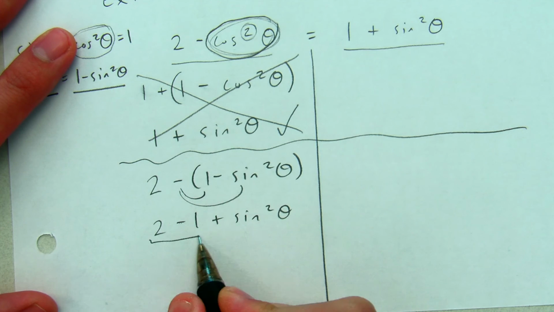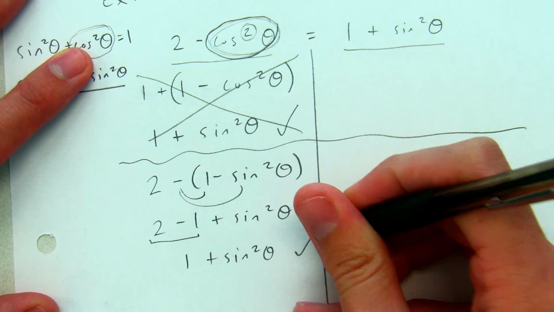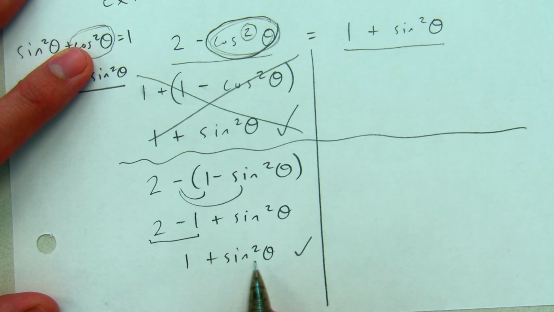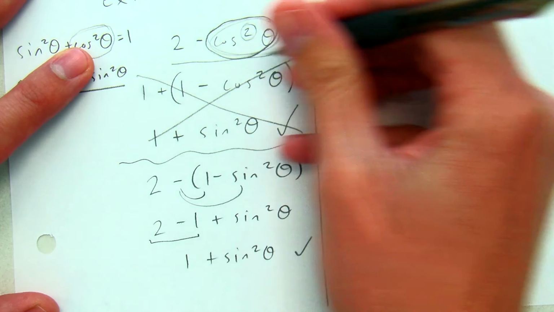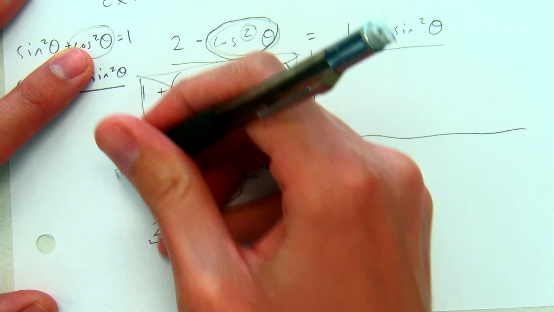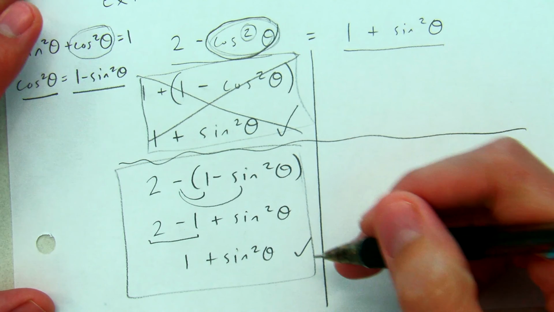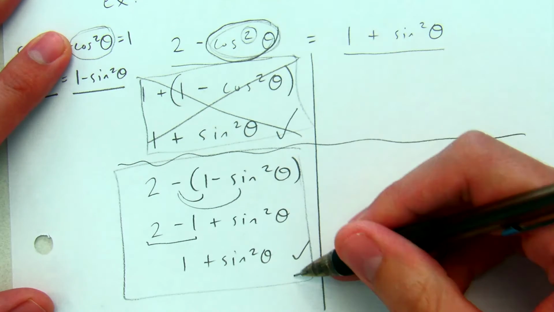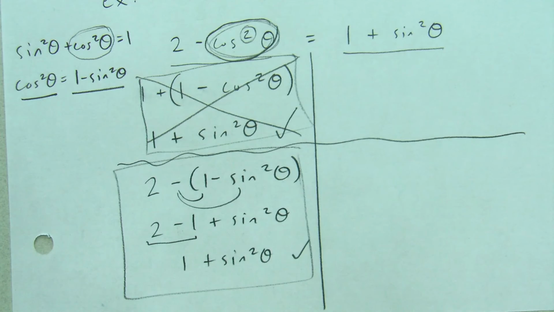Combining my like terms, 2 minus 1 is 1, plus sine squared theta. And once again, I've transformed the left side to equal the right side. Look, this is a perfectly good answer, and so is this. In fact, there are going to be lots of different ways to do these trig identities. As long as you're mathematically correct, and you change one side so that it looks like the other side, then you're done. Okay, let's do one more.